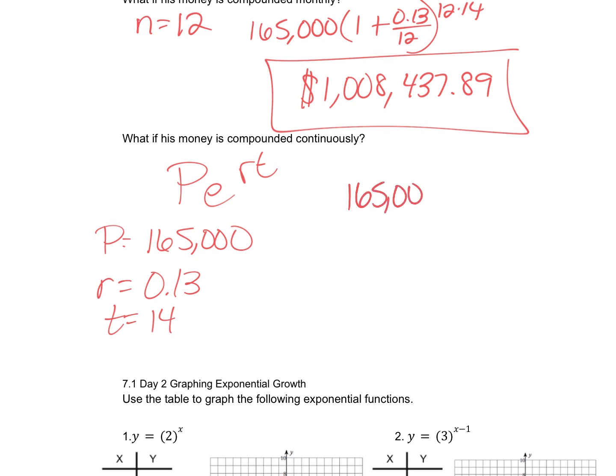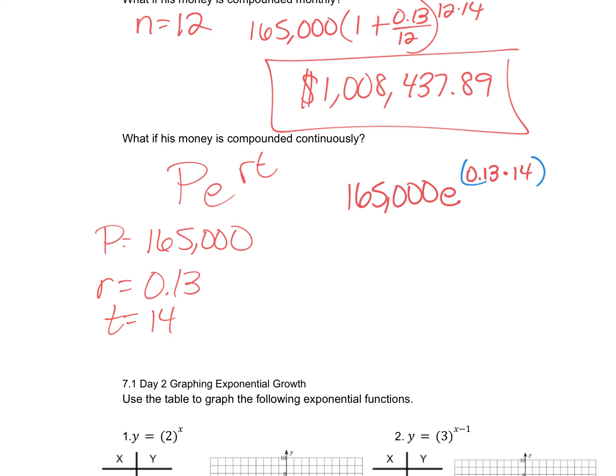So we're going to have 165,000 times E, and there is a button on your calculator, look for it. It's like E to the, and now you have an exponent, 0.13 times 14. And again, you're probably going to have parentheses around that. So I highly suggest sticking this one in your calculator just so you know where the button is, because you will need it later.